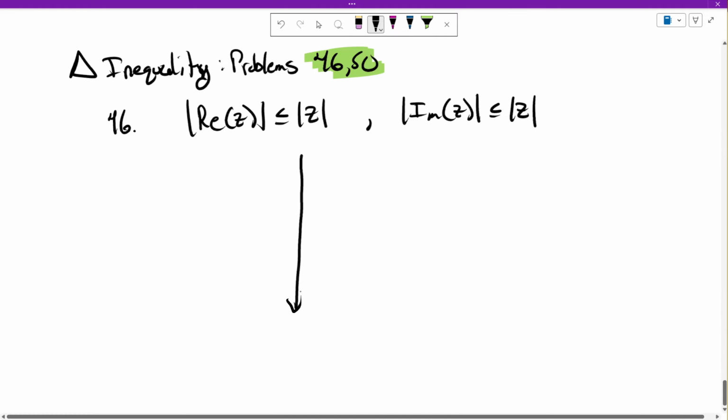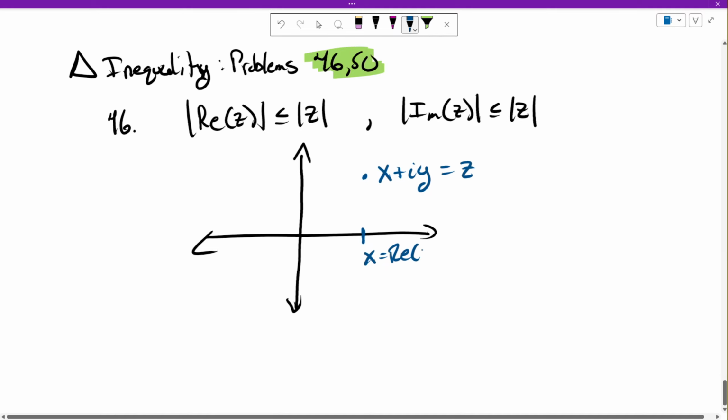So if we have a random z in the complex plane, some x plus iy, then the real part is the projection down onto the real axis. So that's our real part.